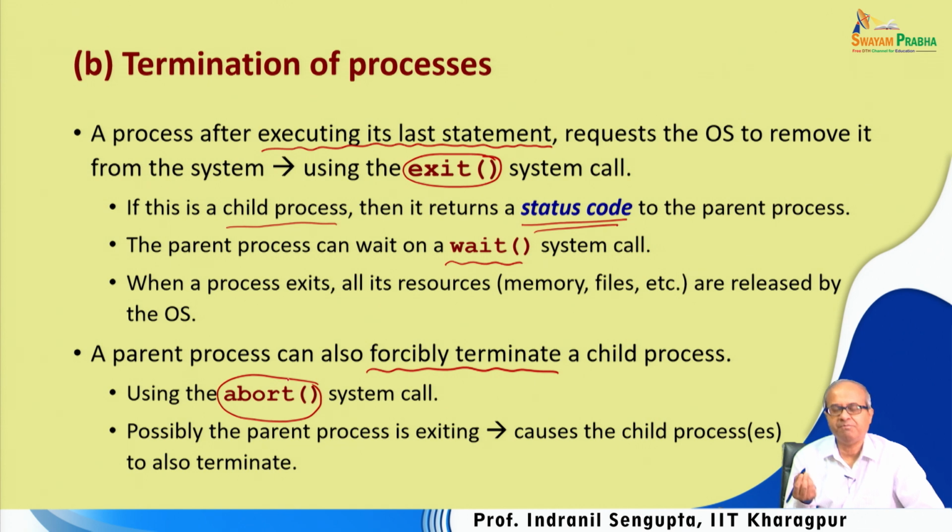This abort may be called due to multiple reasons. One may be, as I said, the child process has got stuck due to some reason, it is not coming out, or due to some reason the parent process has to stop, and it wants that all the child processes that I have created must also stop. So, it will abort all of them.